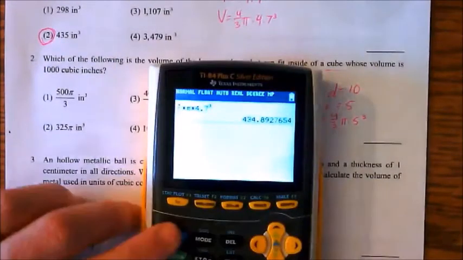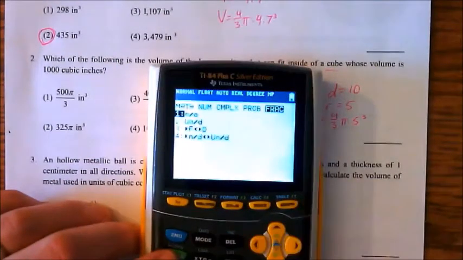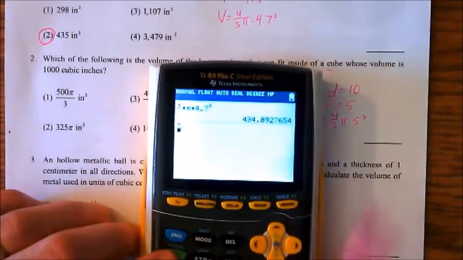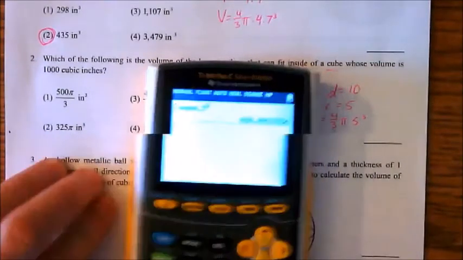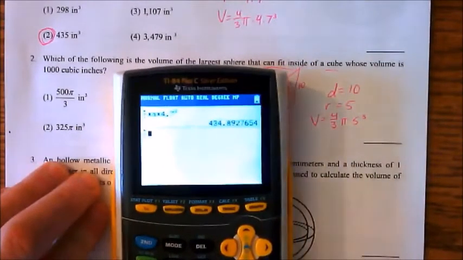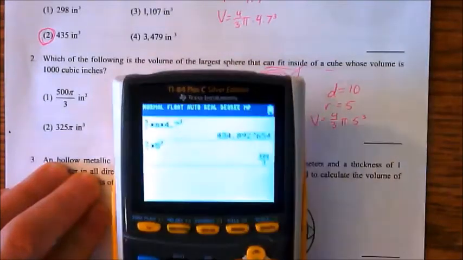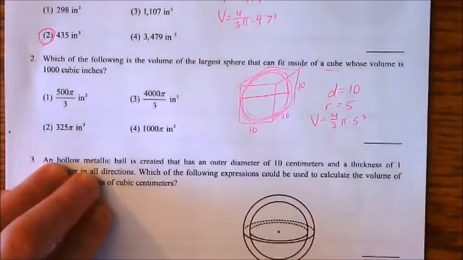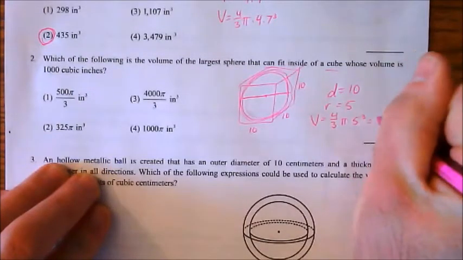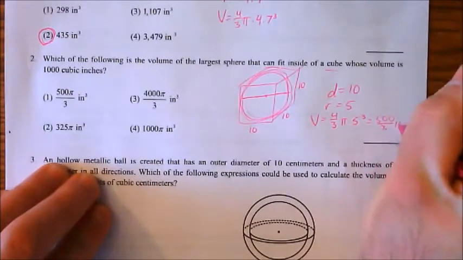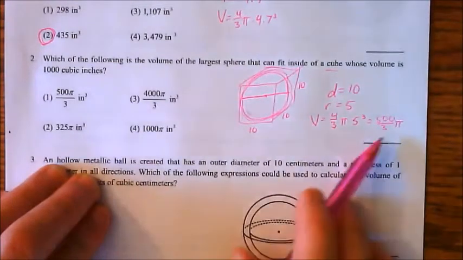Now if you notice, their choices are in terms of pi. So what we could do is 4/3 times 5 to the third, and we get 500 over 3. And that would be 500 over 3 pi.